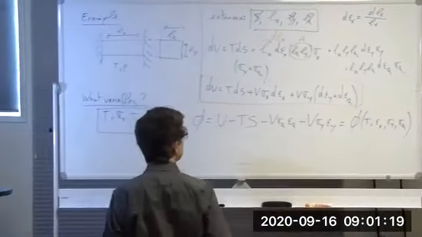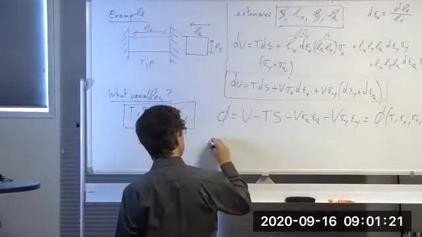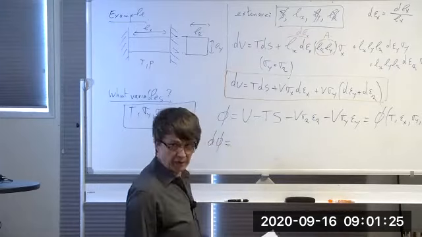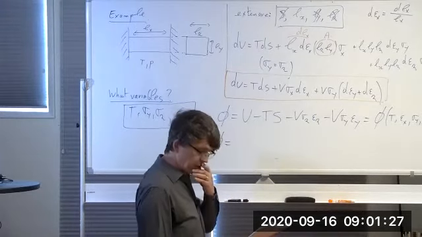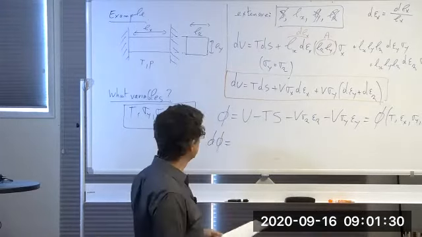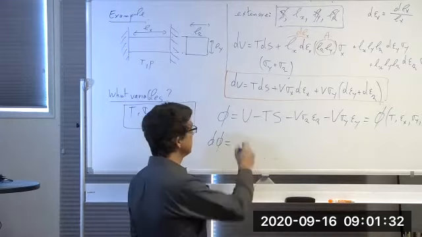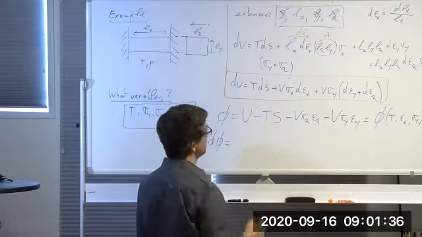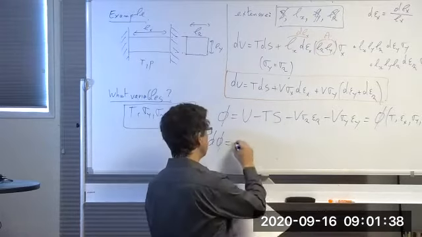And please try to do this, but again, after a while, you should be able to write down exactly what that differential is, right? What is the differential of phi? You can do this by taking the differential of this, substituting in what dU is, but I'm just going to do it for you right away.